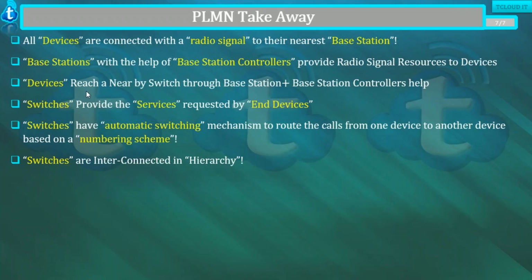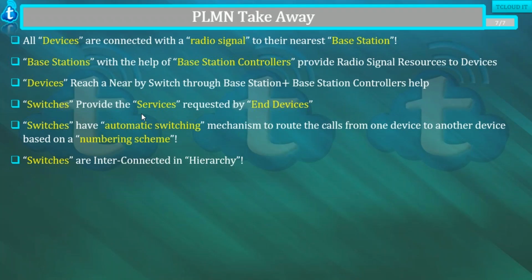But in order to reach a switch, these devices must go through the base station and base station controller, because base station controllers need to allocate the radio resources to the users, and they will be able to transmit or receive data from base station to base station controller to the switch. Finally, the switch has the automatic switching mechanism to route the calls to the destination based on a numbering scheme, and the switches will always be making service decisions. So it is the switches that make the automatic decisions here.